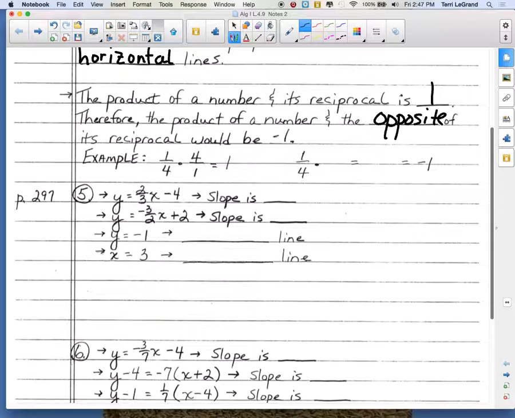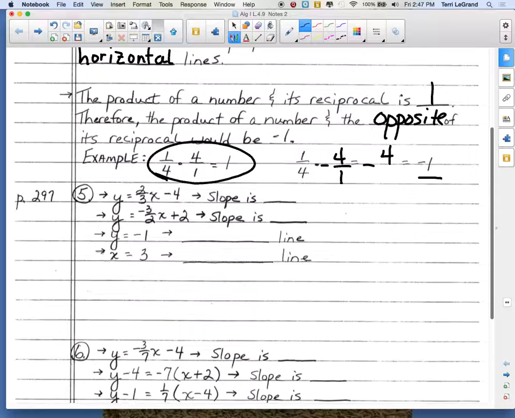So here's an example of some reciprocals right here. 1/4 times 4/1 is 1. But that's just reciprocal. Over here, if we want to get a -1 as our product, we have to take 1/4 times its reciprocal and make that reciprocal its opposite. Because when we take a positive times a negative, we get a negative.